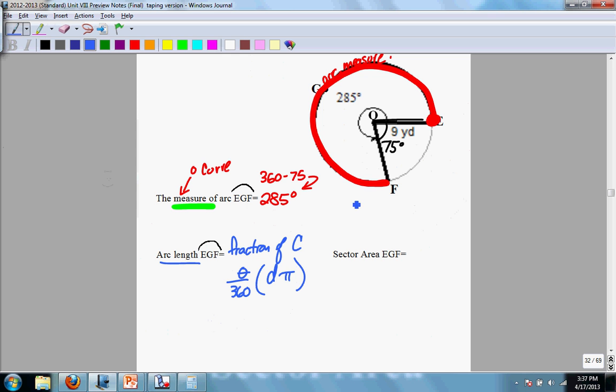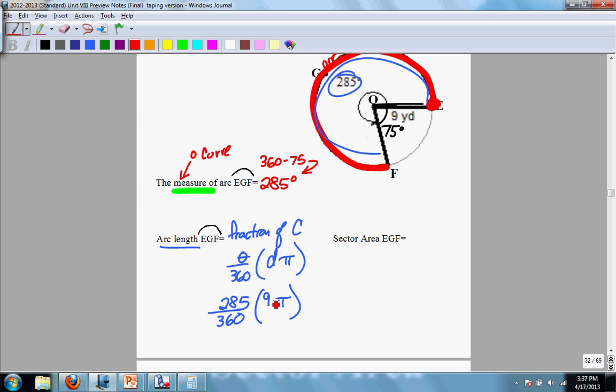Our fraction is 285 this time because we want the major arc, so we have 285 over 360 times our d, which is 9 pi. From here, I'm simply going to take 9 into 360, and I'm going to get 40 there.